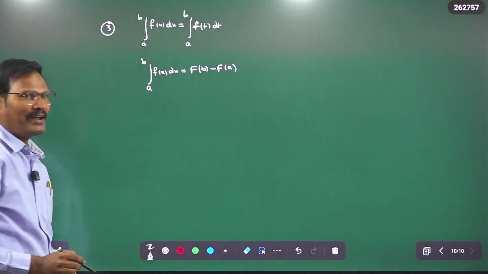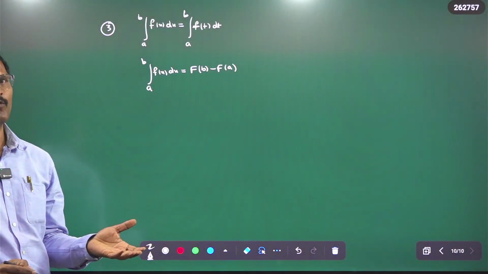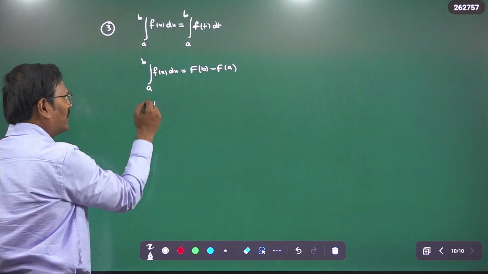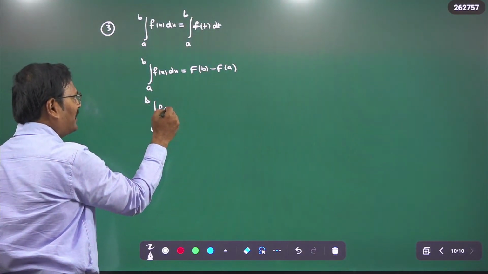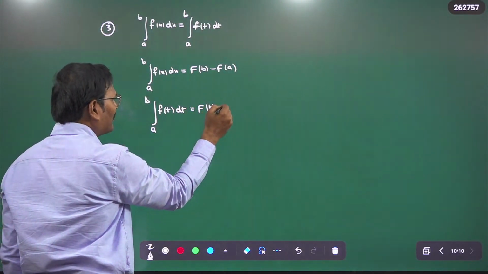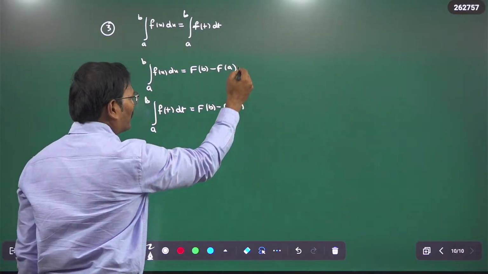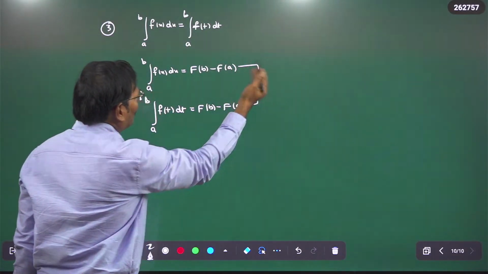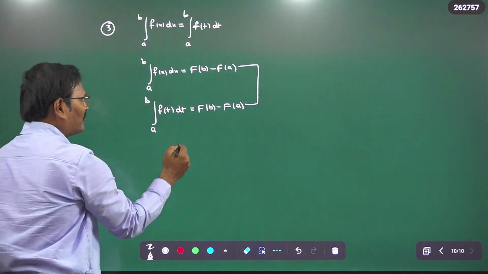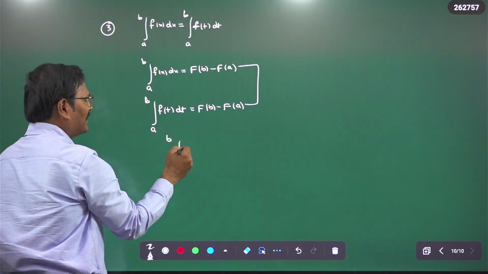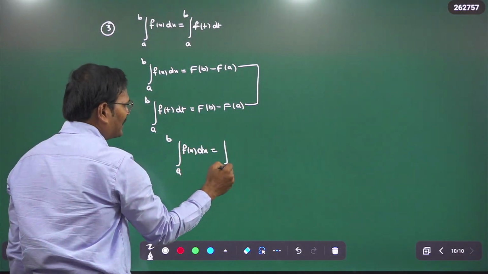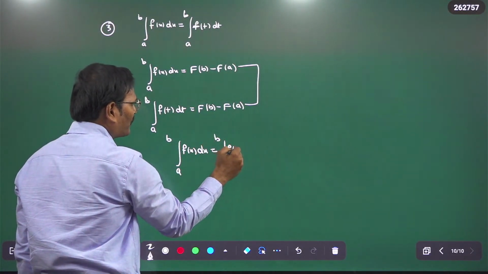So the left hand side integration value is f of b minus f of a, and on the right hand side, integral a to b f of t dt is also equal to f of b minus f of a. So both sides are equal. So from this we can write directly integral a to b f of x dx is equal to integral a to b f of t dt.